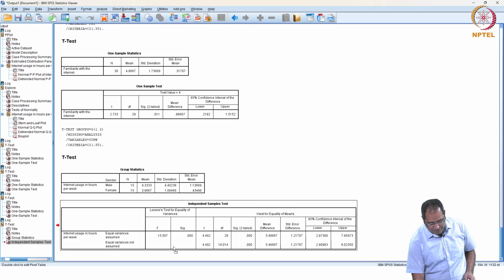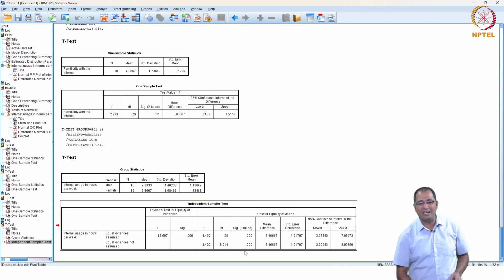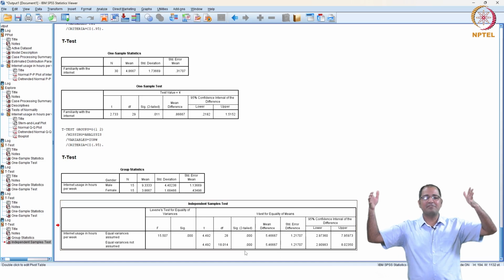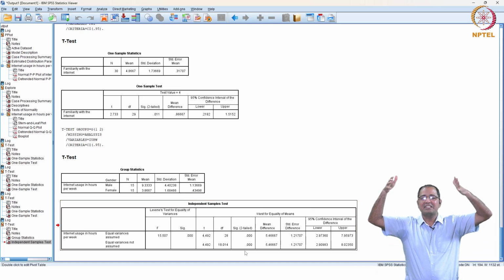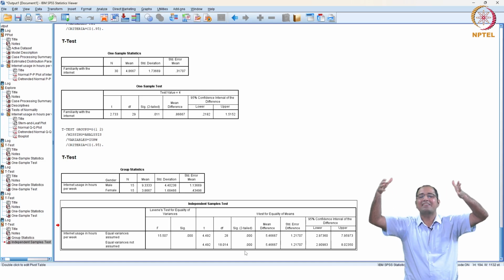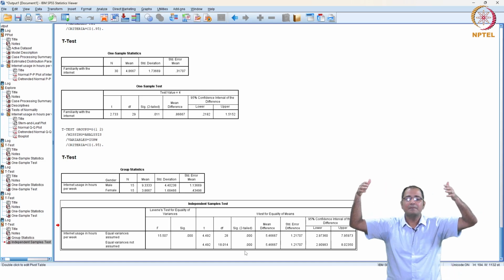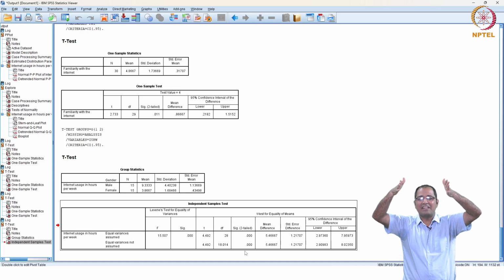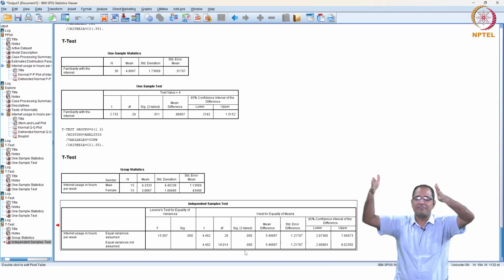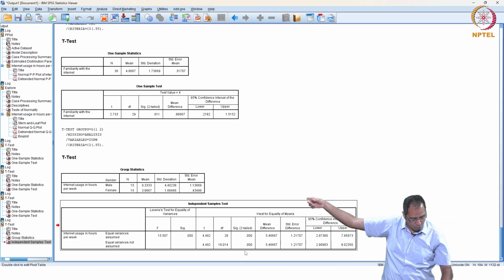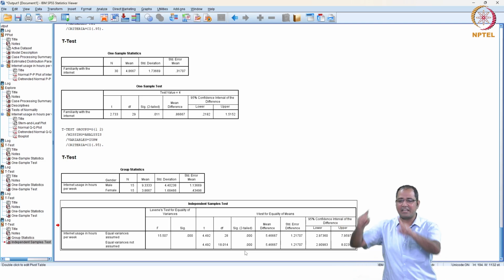Here is the test for assumption, and here is the test for equality of means, whether the two groups have a difference in their means regarding the variable or there is no difference. So the null hypothesis is that in the population there is no difference in the mean internet usage between male and female. The alternate is that there is a difference. And again the p-value is given in the 5th row, the significance two-tailed.